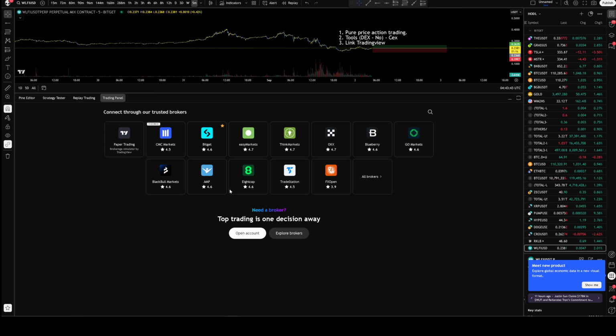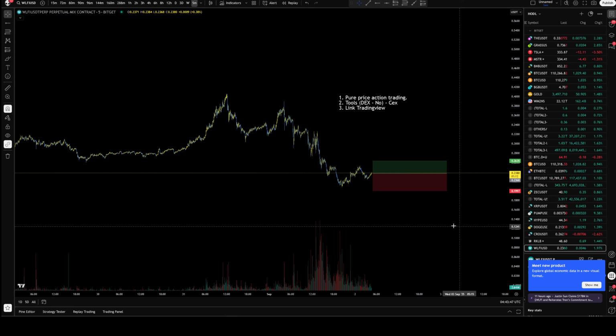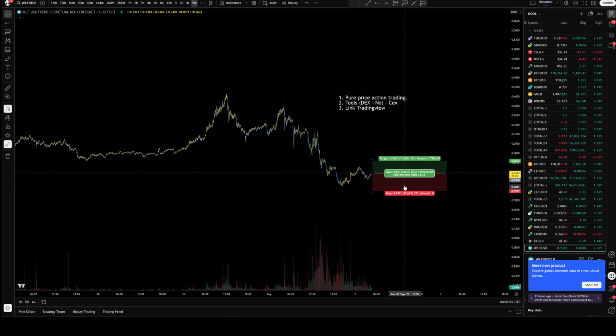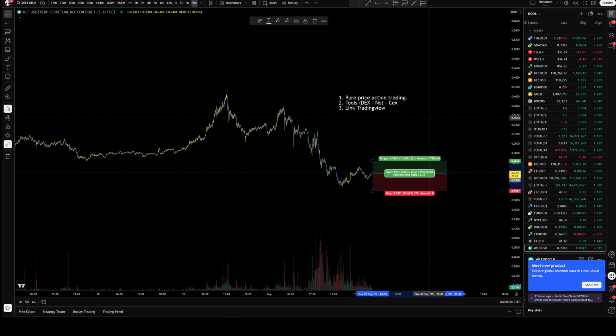And if you are linked to an exchange, it will actually put that order straight through onto the exchange. So you're not having to type it in, you're not having to write down levels, remember levels, you're just being able to put the order in, set it up, and off it goes. And these are all things that are going to make it a lot easier to scalp on things like 5 minute charts.